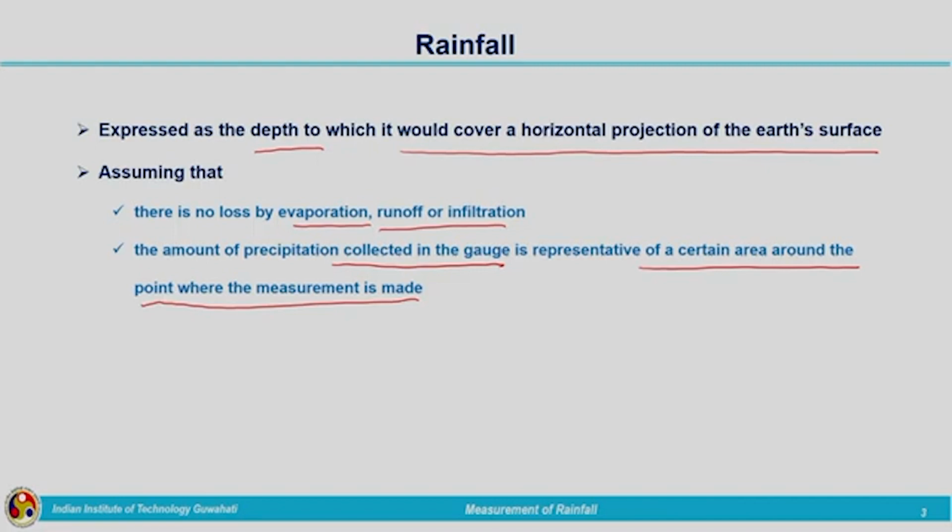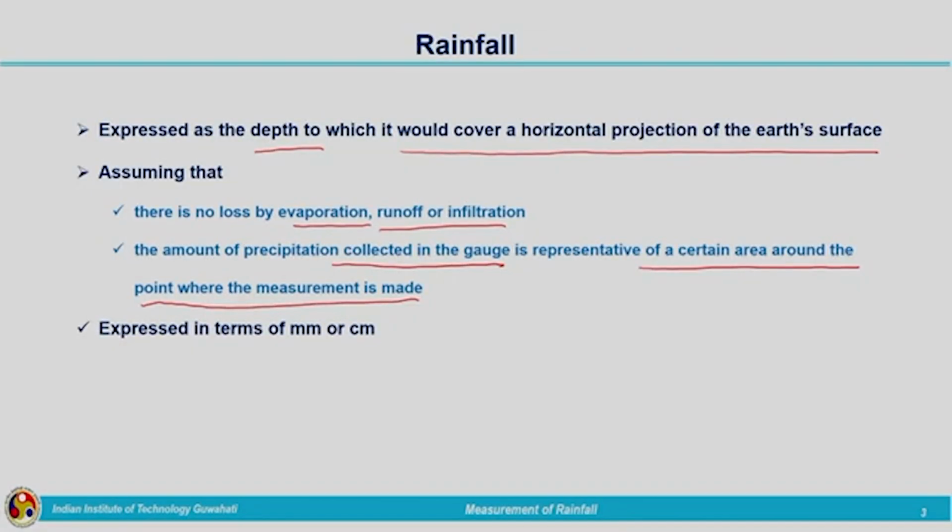At that point, what is the depth of rainfall attained? That is the amount of precipitation which we are experiencing at that point, and we are assuming it for a particular area. For the entire area, this much is the depth of rainfall. Now, it is expressed in terms of millimeters or centimeters. Depth unit will be used.